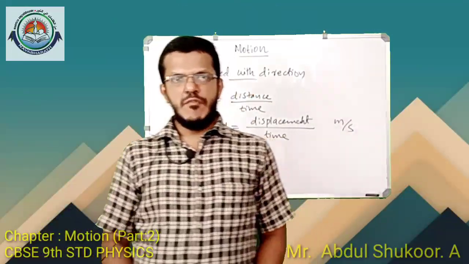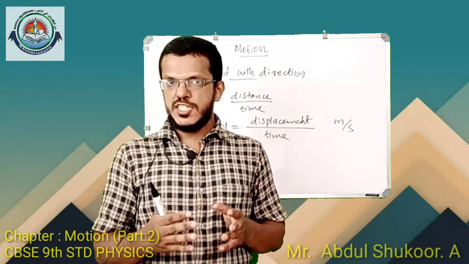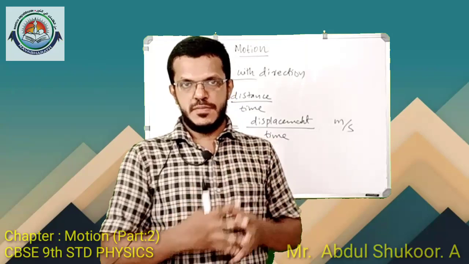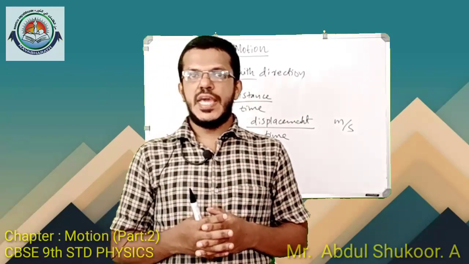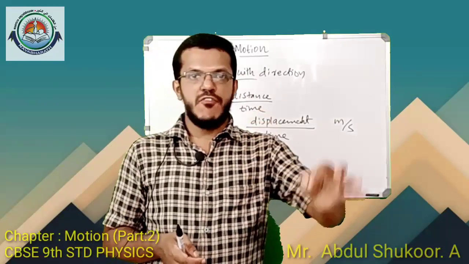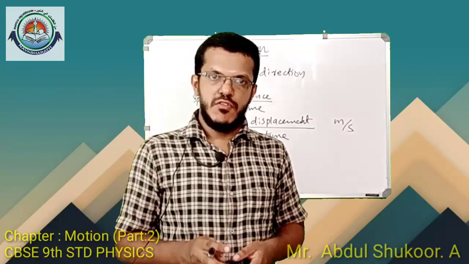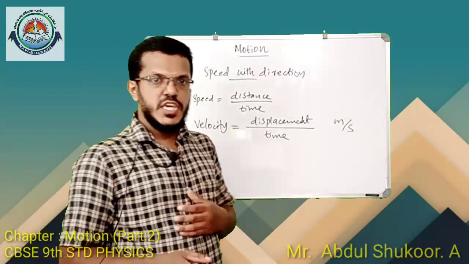In the case where velocity changes at a uniform rate, the average velocity can be found as the arithmetic mean of the initial velocity and final velocity over a given time interval. How can we find the average velocity?